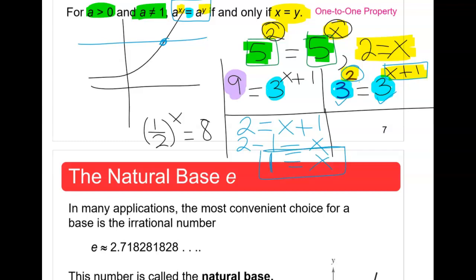Now let's do the one on the left. The number 8 cannot be turned into something of base 1/2 that easily, but if you think about it, yes, you could. Because, in fact, let's do it the other way.